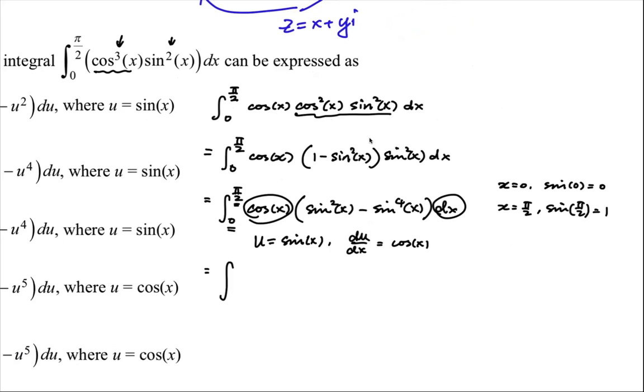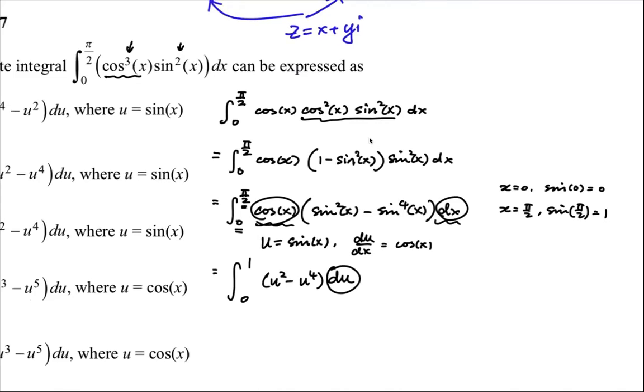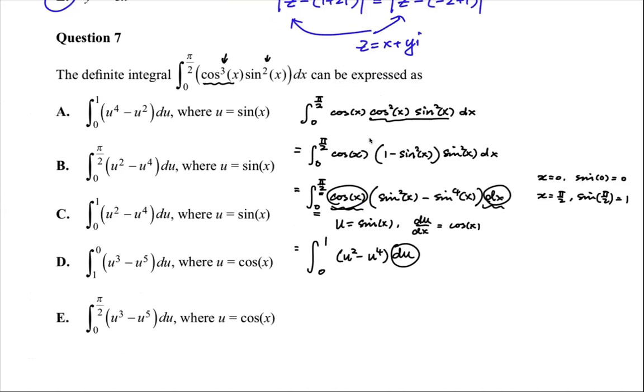Okay, special values, very easy. 0 to 1. So these two numbers are your u variables, okay? u squared minus u to the power 4, du, which comes from cosine x times sine x. If you take a closer look at the available options, I believe u squared minus u^4, option C.